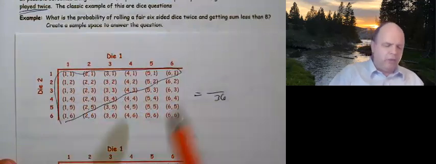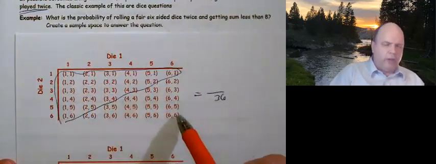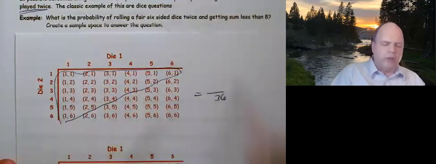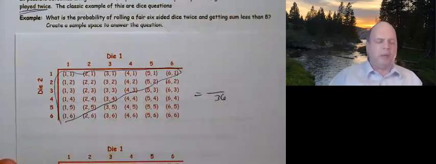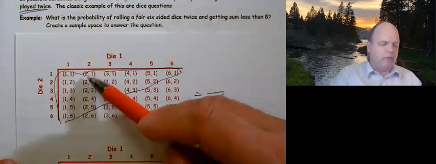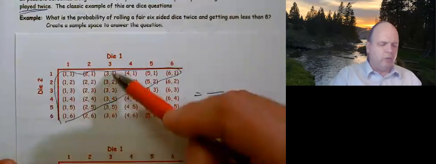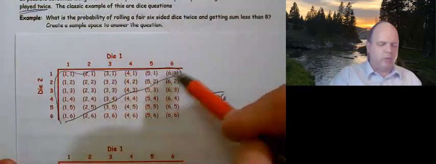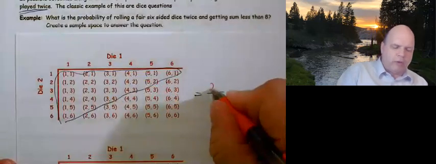I know that because 1, 2, 3, 4, 5, 6, 1, 2, 3, 4, 5, 6. 6 times 6 is 36. So that gives me my denominator. My numerator is 1, 2, 3, up to 21. So 21 out of 36.